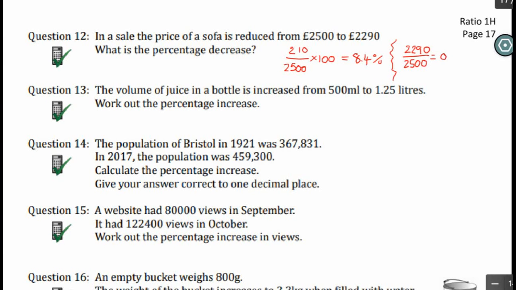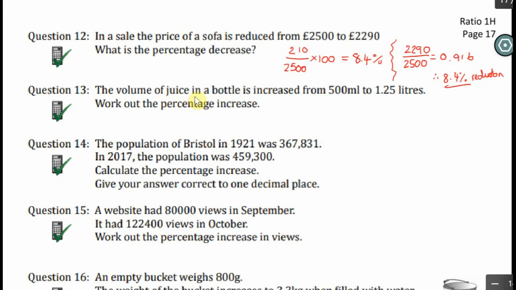Yep, so 0.916. So therefore, if you've not seen those three little dots arranged in a triangle, it means therefore. So 8.4% reduction. Okay, I'm going to stick with this method going through the rest of them.